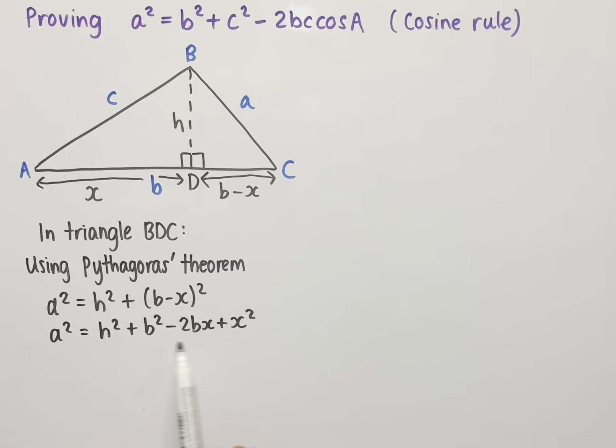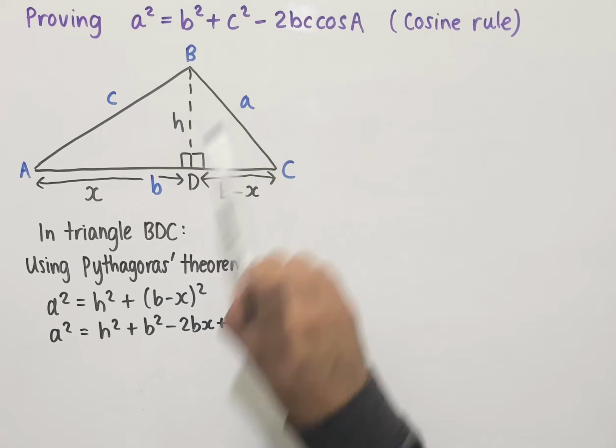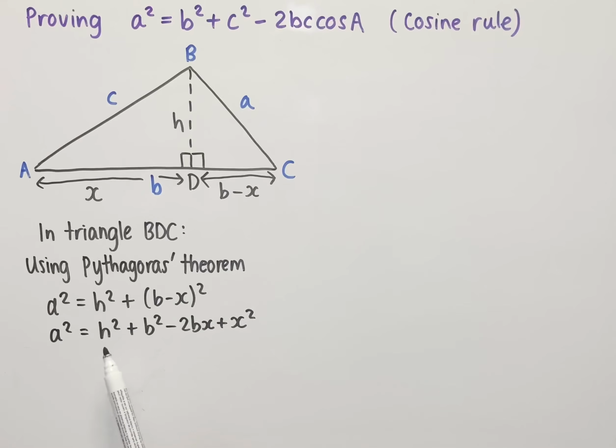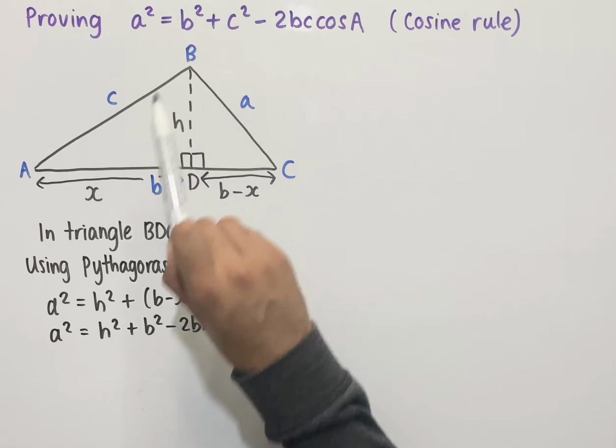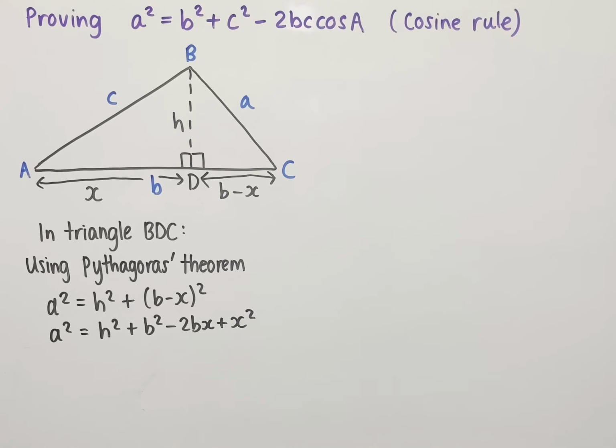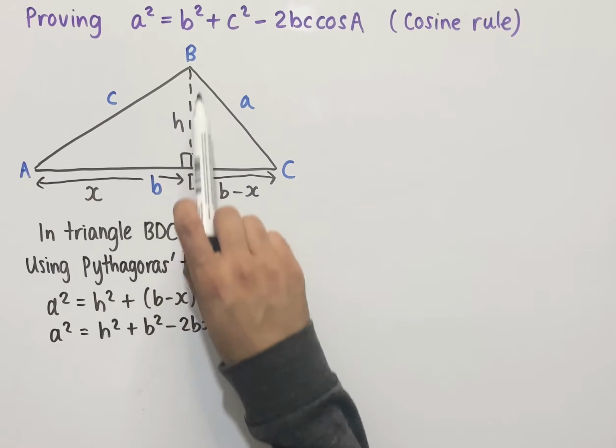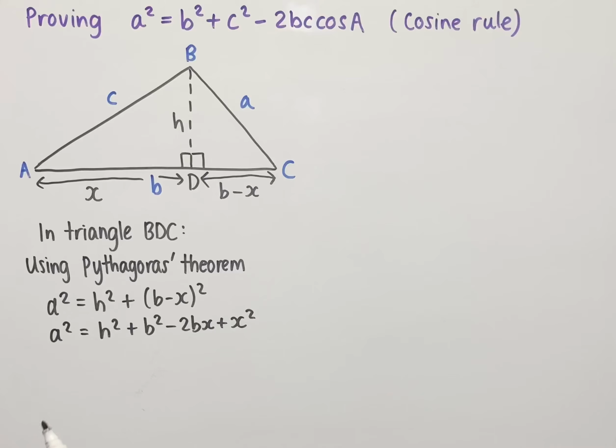And so we begin to see that this expression is starting to look quite similar to the cosine rule that we have here. There are a few terms that are slightly different, such as h squared, x squared, and the x within minus 2bx. However, we have some similar parts such as a squared and b squared. We also apply Pythagoras' theorem in triangle ABD, then we get the following equation.